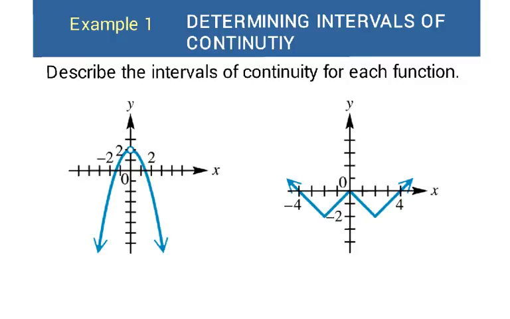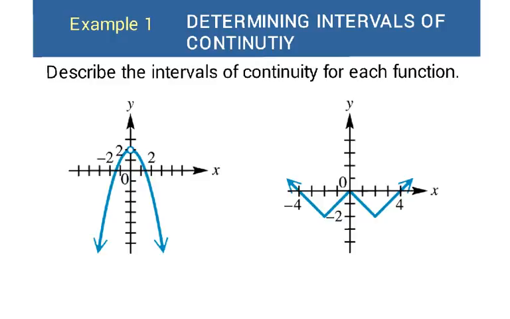So this first example is all about continuity. It says, describe the interval of continuity for each function. Well, whenever we are describing the interval of continuity, we're going to state the interval of the domain over which the function is continuous.